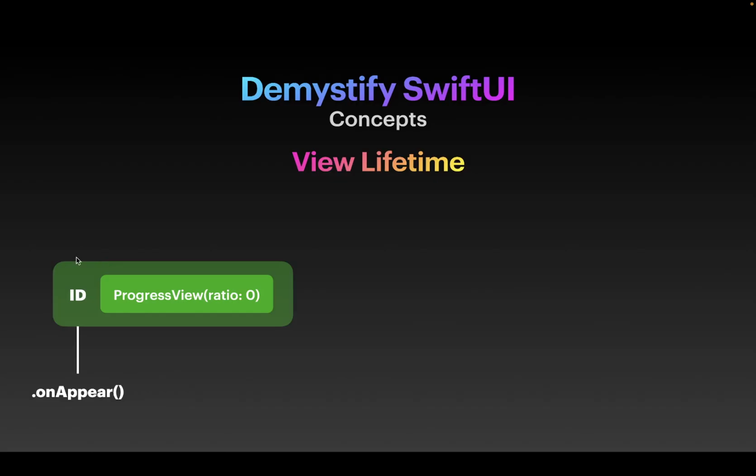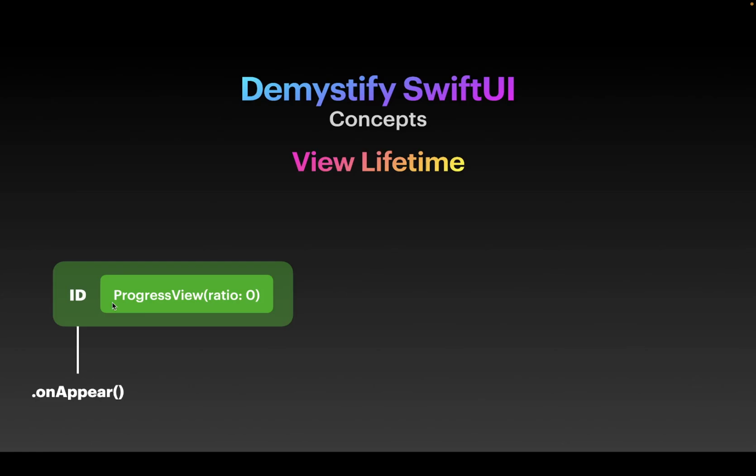So when the view starts to appear on the screen, the lifetime of this view starts. During the beginning of the view's lifetime, there's one function that's going to be called, which is called onAppear. We're going to get to onAppear later. In the meantime, SwiftUI is also going to assign an ID for that view. We're also going to talk about the ID later when we get to identity. But right now we create a ProgressView with a ratio of 0.